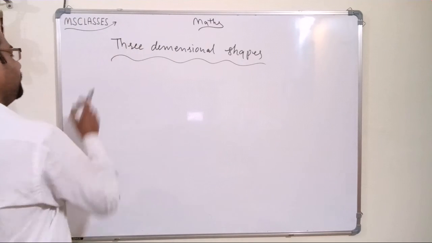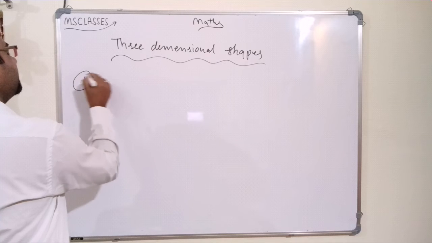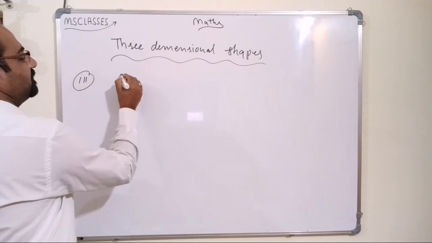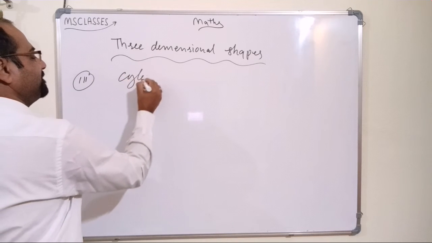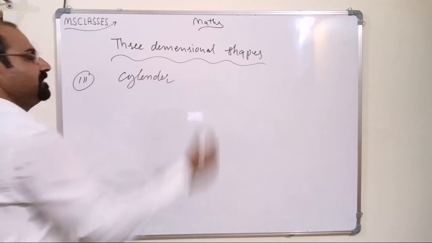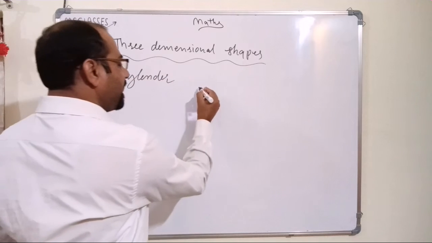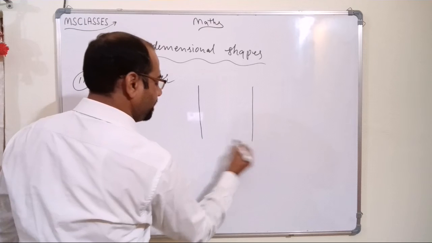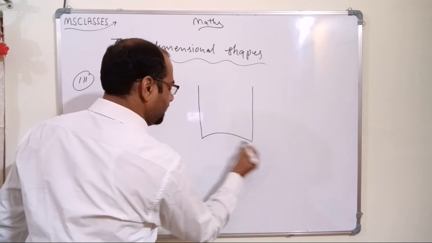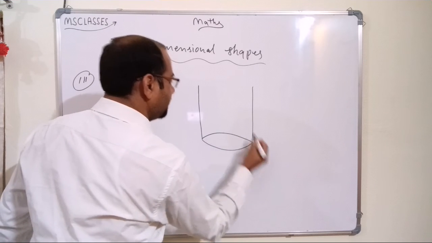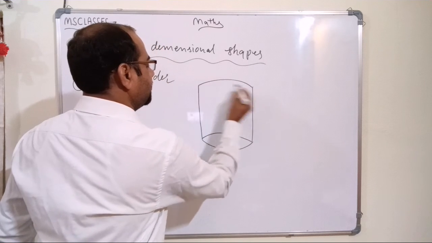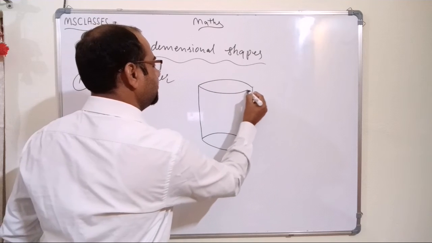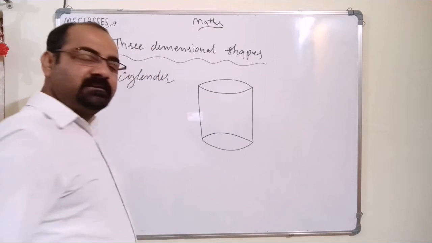Now our next, third shape is the cylinder. Guys, you see one piece of a pipe. If we cut a piece of a pipe, then this is a cylinder.